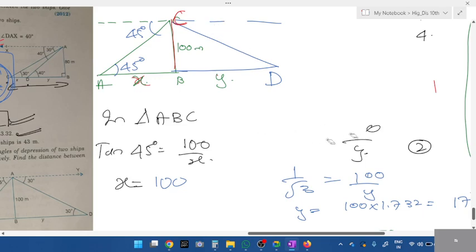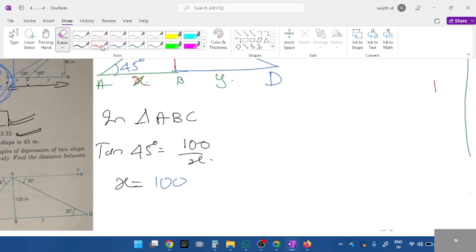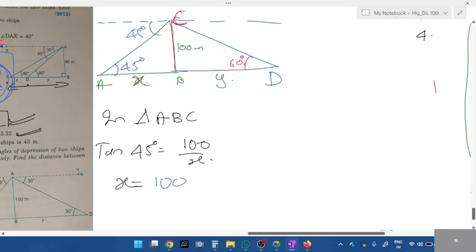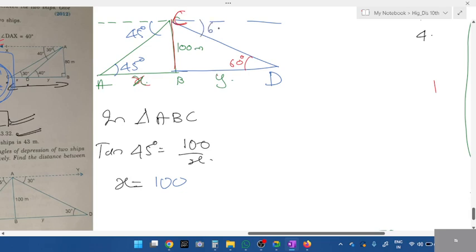Okay. Now instead of 30 degrees, I'll make the calculation a bit tougher. Look here. Instead of 30, I'll give 60 degrees. Now tell me, be quick, all of you. What should I take? Tan 60 is equal to 100 by Y. What is tan 60?